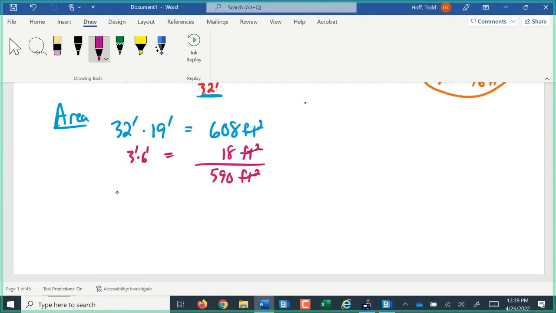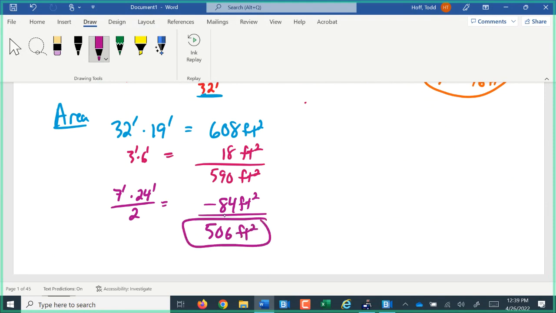So how do I find its area? Multiply it together and divide. 7 times 24 divided by 2, giving us what, 84 square feet? I subtract that, we are at 506 square feet is the area of that figure.